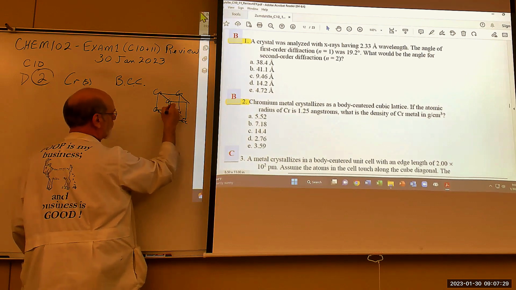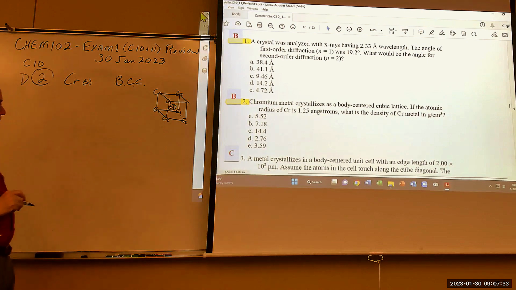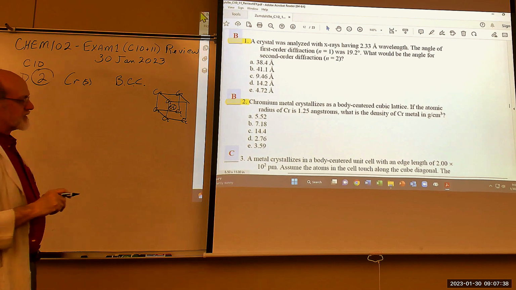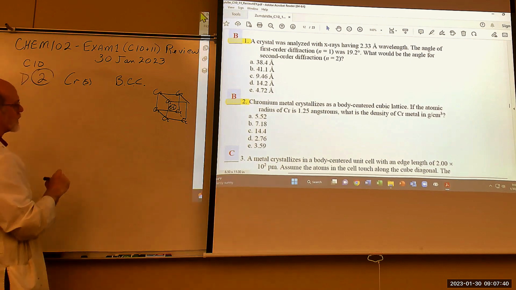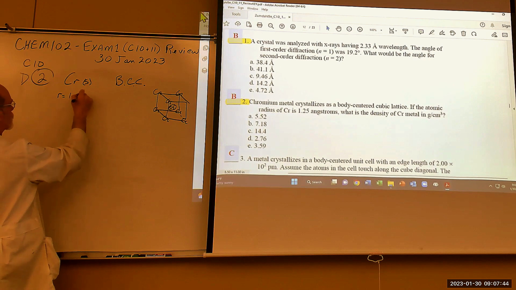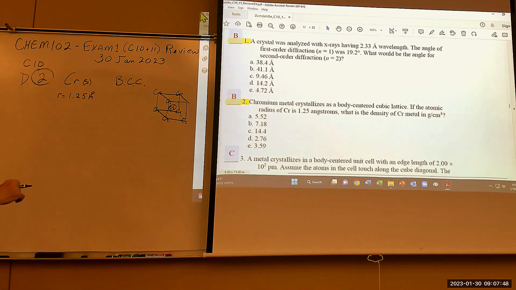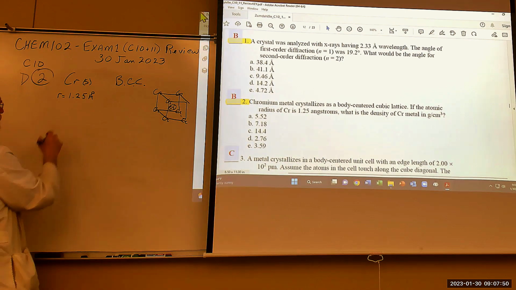And we have a chromium right in the middle. That's a body-centered cube.